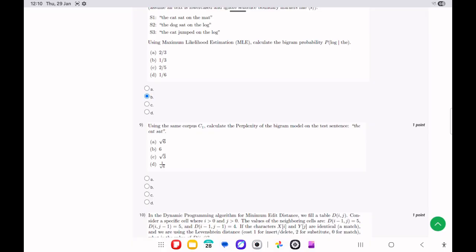So first you have to calculate the probability of "the cat", then we have to calculate the probability of "cat sat". So once again I am applying the same formula.